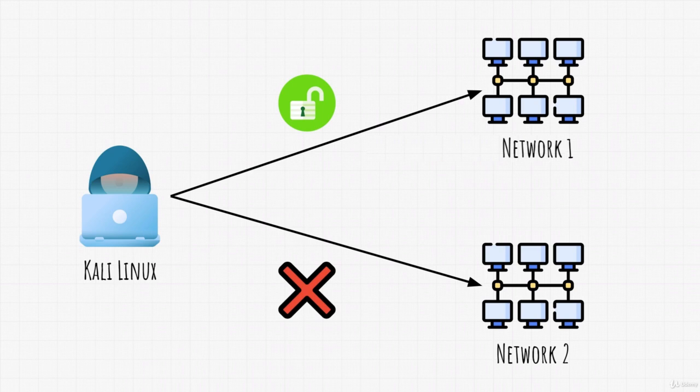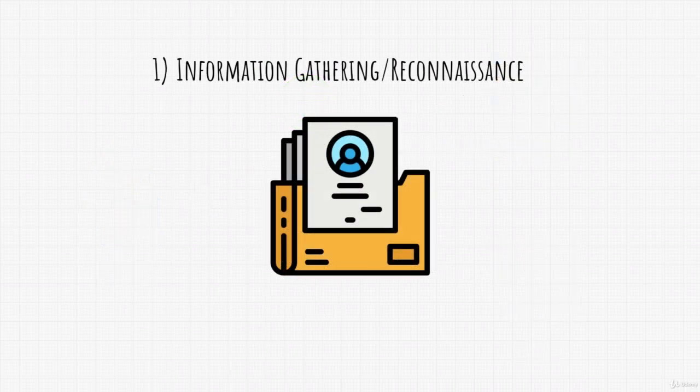Now that we got that out of the way, let us finally talk about the different stages of penetration testing. We already know that there are 5 of them, and the first one is reconnaissance or information gathering. Reconnaissance is the act of gathering information about your target to better plan out your attack.